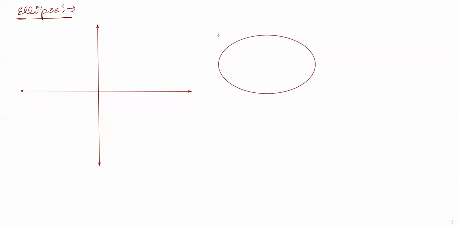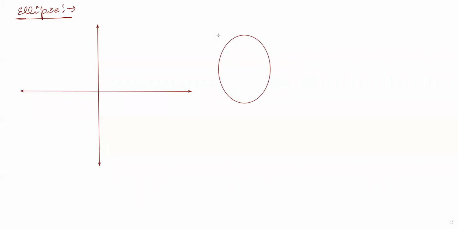Now coming to the ellipse, first of all, how is it shaped? You generally see these two types of ellipse only. How would an ellipse look? If you squeeze a circle, let's say this is a circle, if you squeeze it horizontally, it becomes something like this, right?